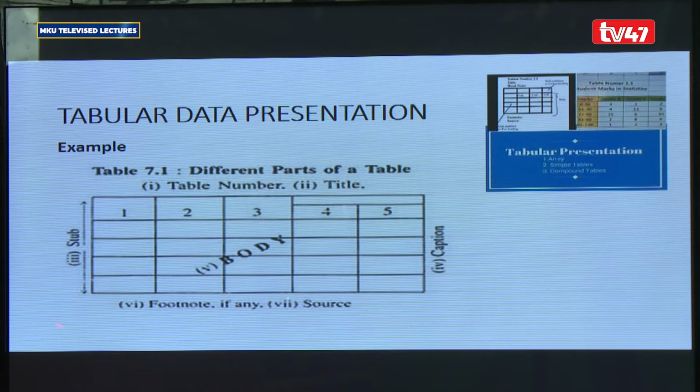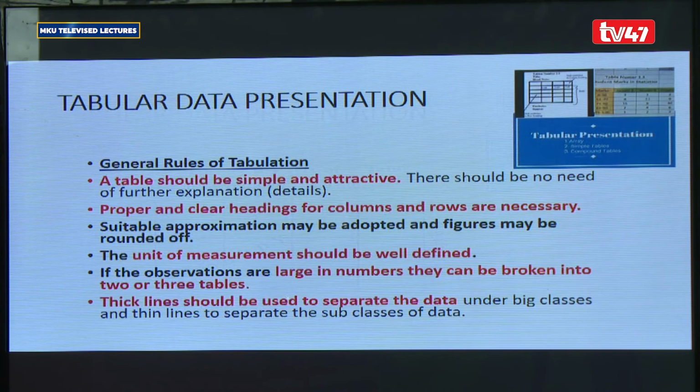And then at the bottom here, if that table is being drawn from a secondary source, we need the source of that data. And in some of the formatting guides, they may also require the footnotes. And that's why all these 7 parts of the table are critical for data presentation using a tabular form of presentation.